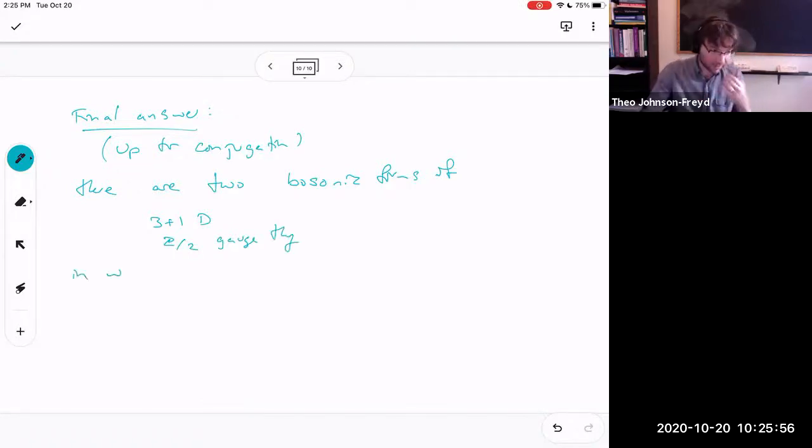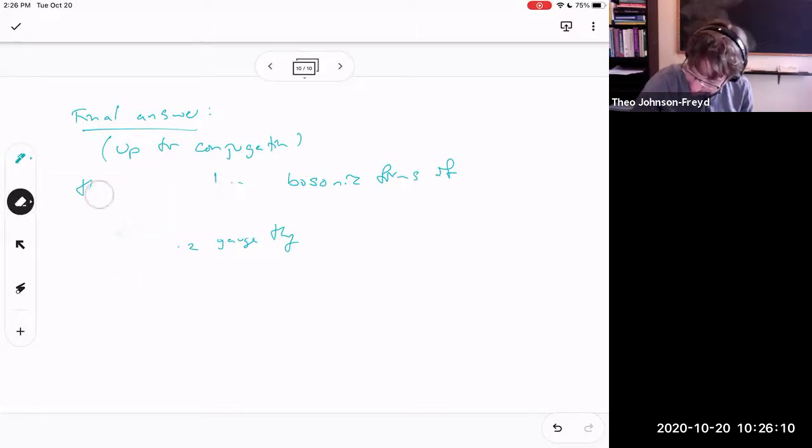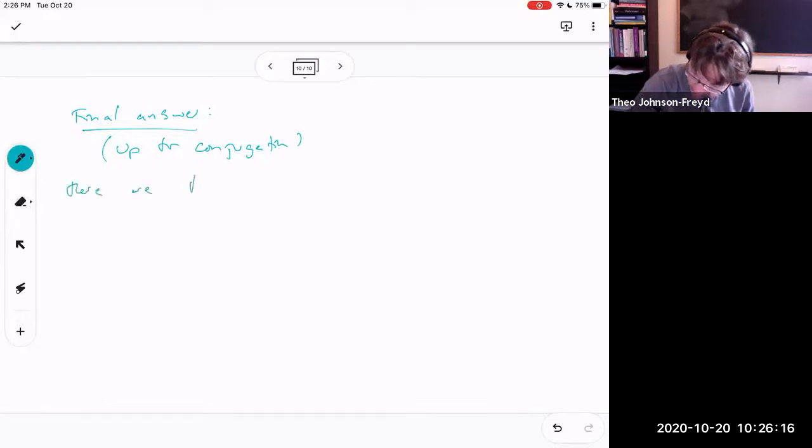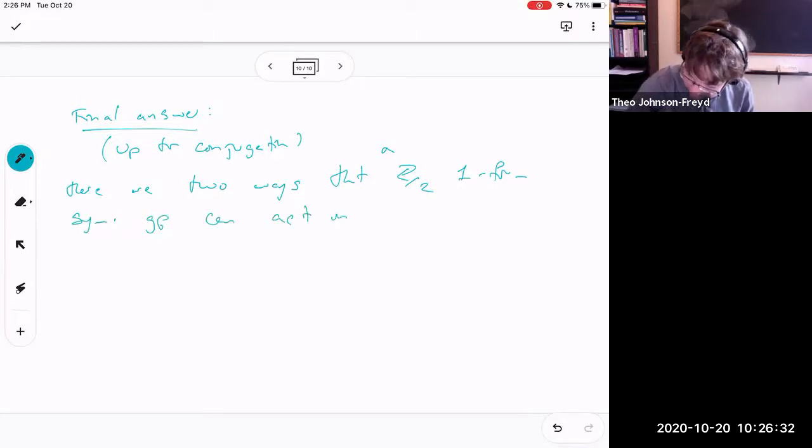So what I'm telling you is a classification of ways that you can give Galois descent data, of ways to find a one-form symmetry group acting on this theory. Let me say it better. There are two ways that a Z mod 2 one-form symmetry group can act on this theory, which was basically Z2 gauge theory.